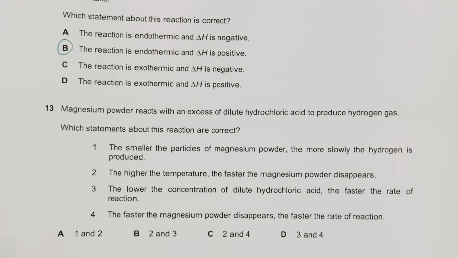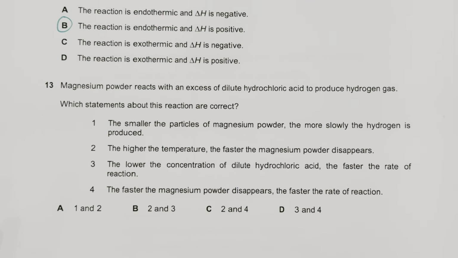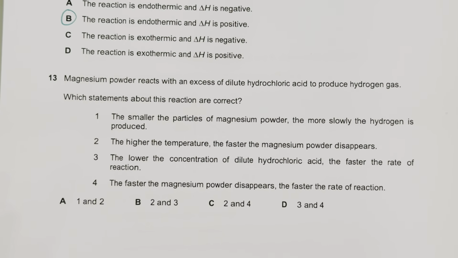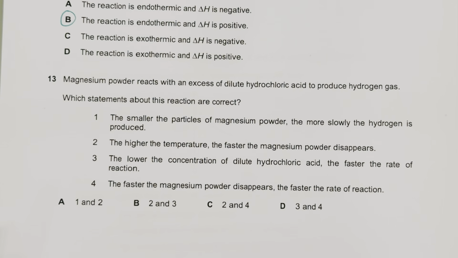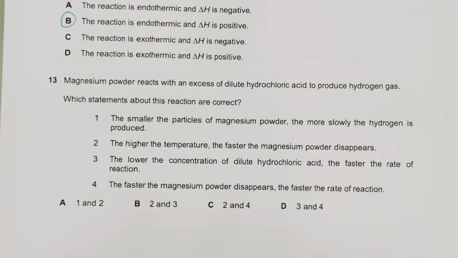Moving to question number 13. Magnesium powder reacts with excess dilute hydrochloric acid to produce hydrogen gas. Which statements about the reaction are correct? The smaller the particles of magnesium powder, the more slowly the hydrogen is produced.